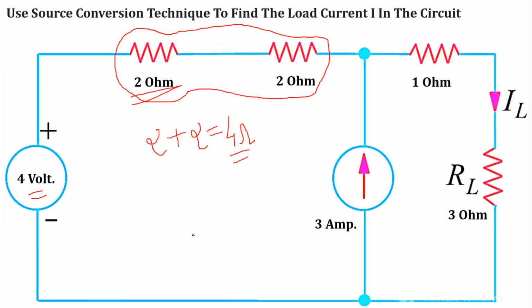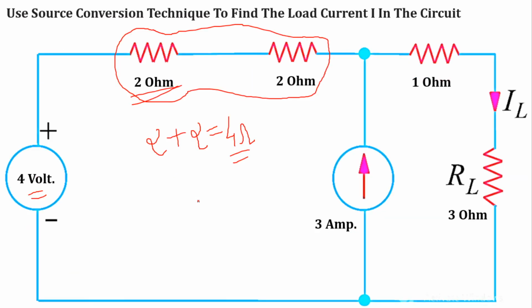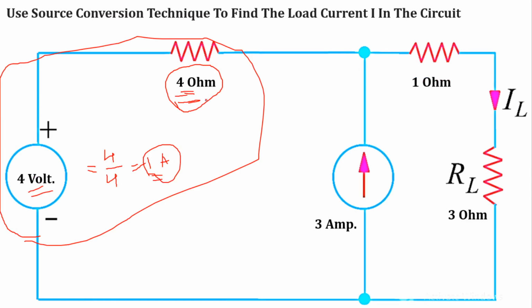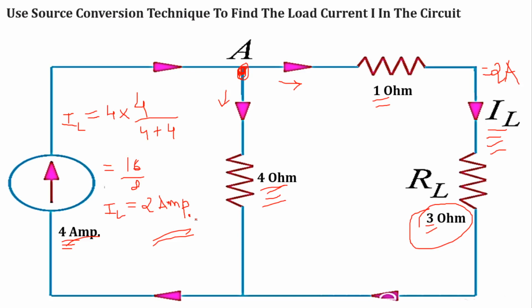You can convert a current source in parallel with resistance into a voltage source with series resistance, and in the same way you can convert a voltage source with series resistance into a current source with parallel resistance, and step by step you can find out any circuit parameter. But the condition is that the voltage source must have a series resistance and the current source must have a parallel resistance.